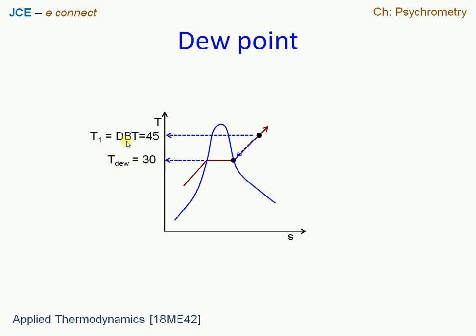The difference between the dry bulb temperature and the dew point temperature is called the dew point depression. In the earlier case we saw the wet bulb depression; this is another parameter called dew point depression. Both are different. Let's move further.